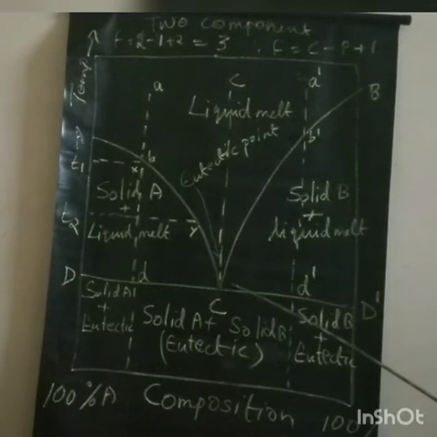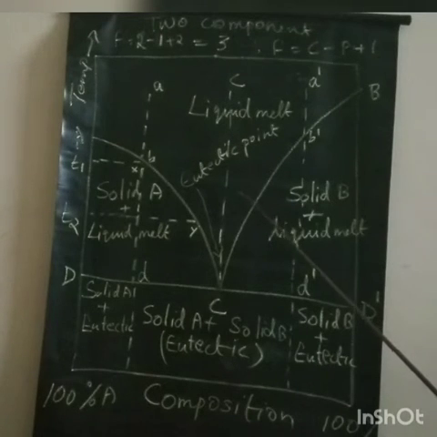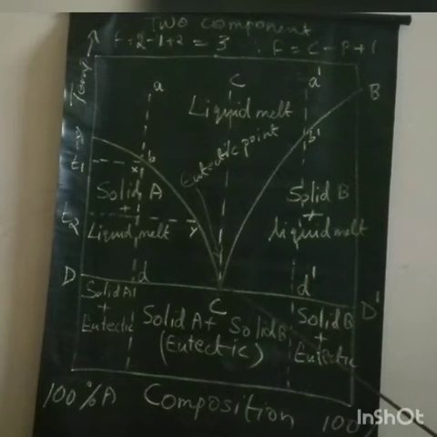So C is the lowest temperature at which the liquid melt can be in equilibrium with solid A and solid B, and this temperature is called the eutectic point.